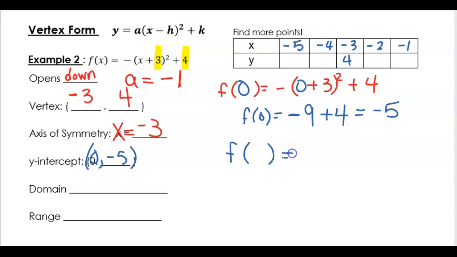And so we are going to write down our original equation, and in place of the x, we're going to put a -5. I had something else inside that parentheses.